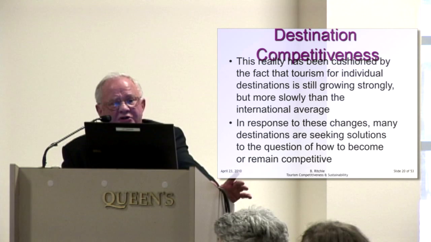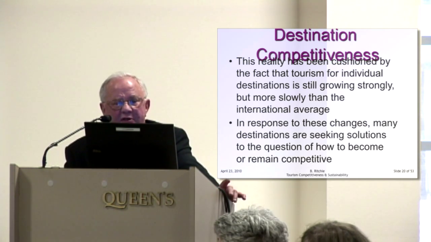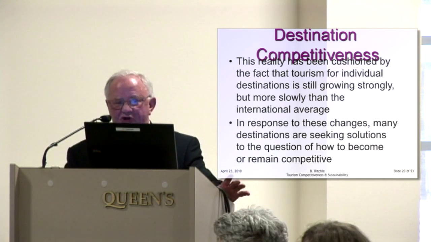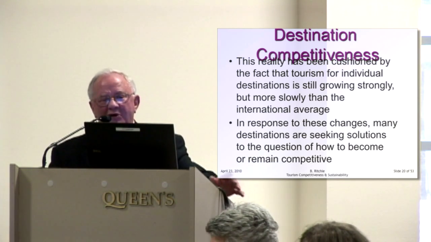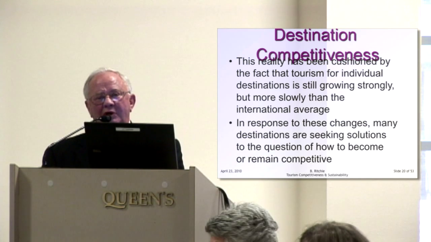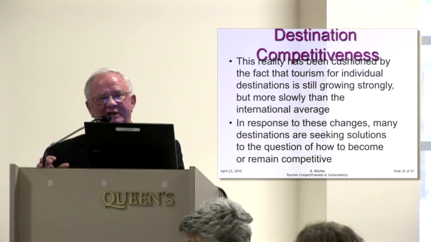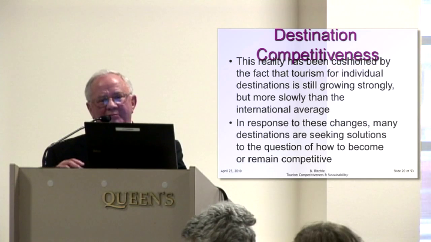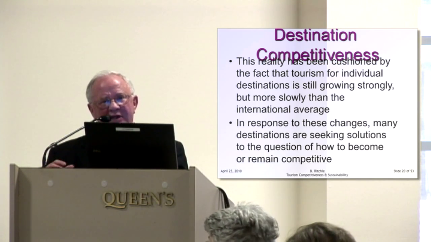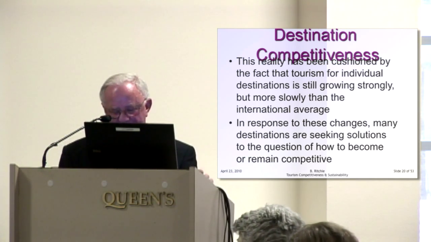This reality is being cushioned by the fact that tourism for individual destinations is still growing strongly, but more slowly than the international average. So even though some destinations are not really doing that well, because the overall market is growing, they are managing to survive.